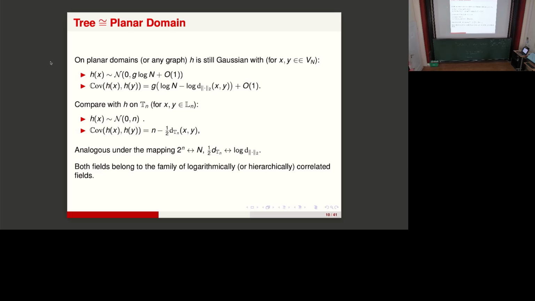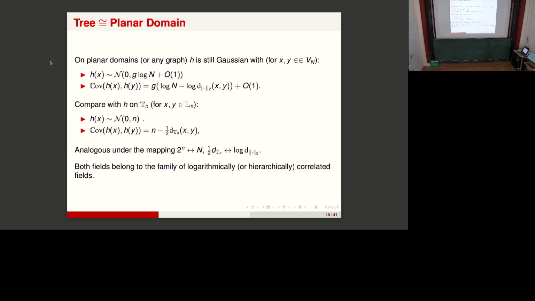And I claim these two things are similar. If you replace log n by the depth, you can think of n as being the diameter of the model. Here the diameter is n, and here the diameter is maybe 2 times 2 to the n, and so this is just the log of the diameter.